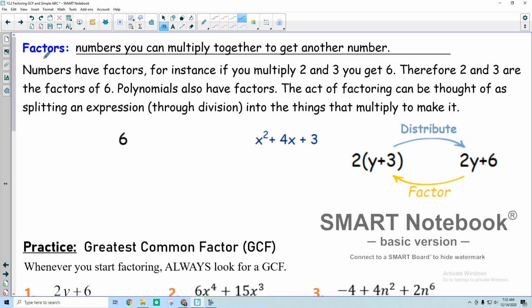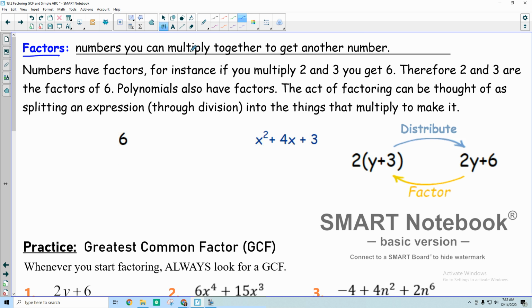So whenever you hear someone say the word factor, okay, or factors, more than one of these. Factors are just numbers. Okay, that's all they are. Factors are numbers that you can multiply together to get another number.